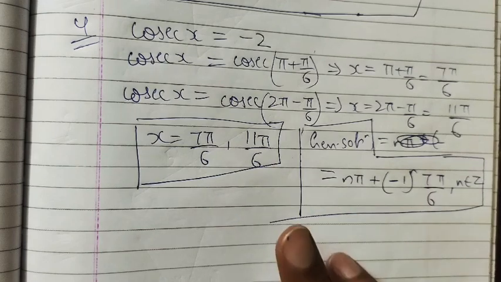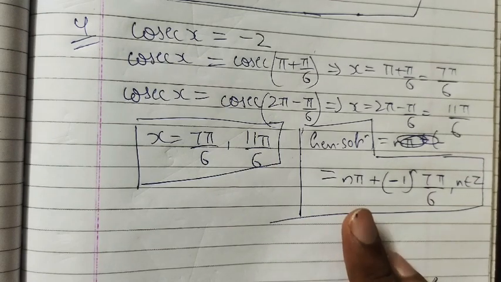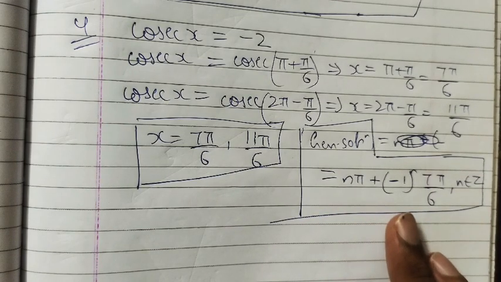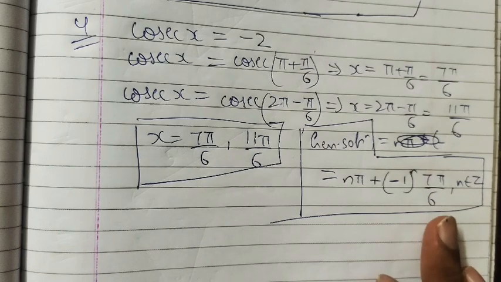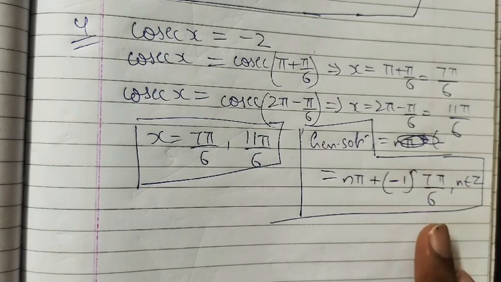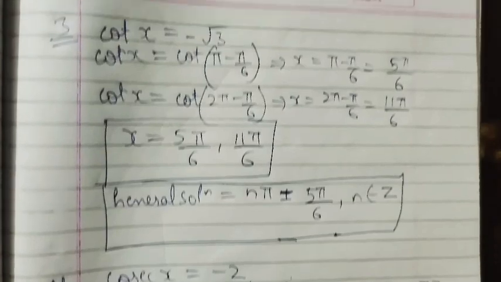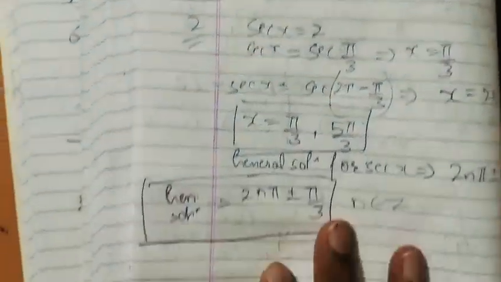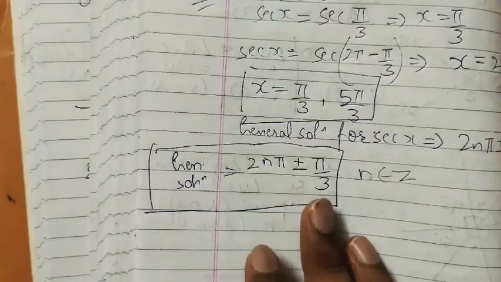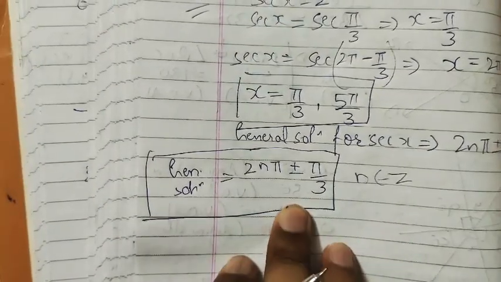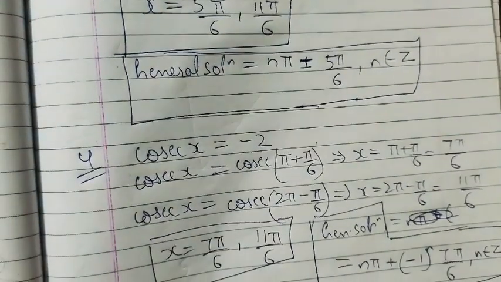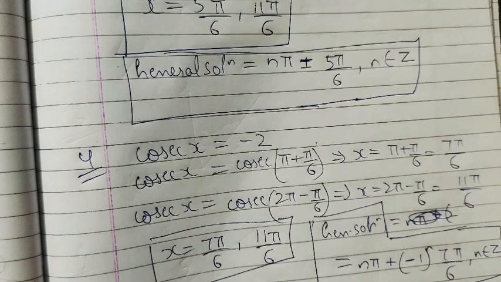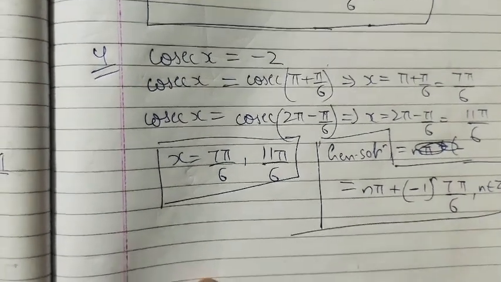For sine and cosec, the general solution will be n pi plus minus 1 raised to power n theta, whatever theta is. For tan and cot, general solution will be n pi plus theta, and for sec and cos it will be 2n pi plus minus theta, right? So this is all about this exercise 3.4. Further, question number 5, 6, 7, 8 and 9 has been deleted from the syllabus.